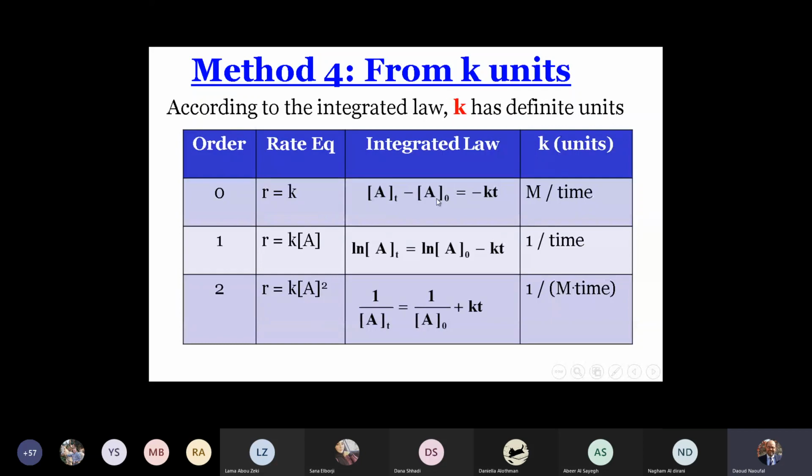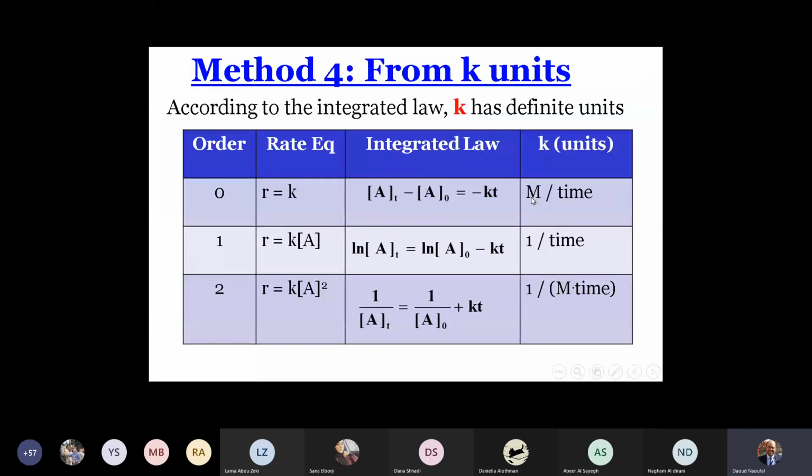And the concentrations are given in molar, capital M, molar equals mole per liter, so the unit is molar per time. So if the unit of k is given as molar per time, that means this relation is justified, so the reaction is zero order.